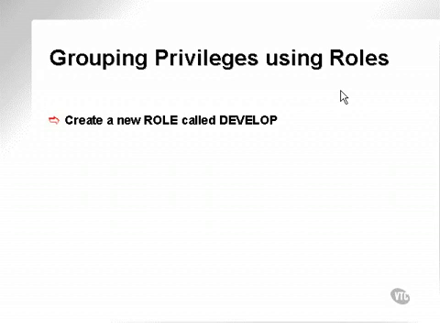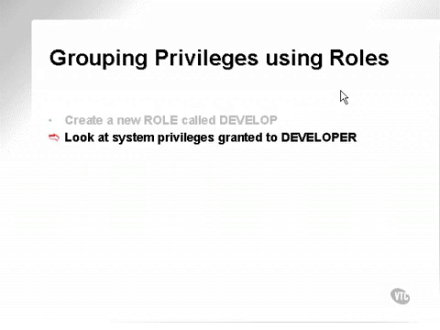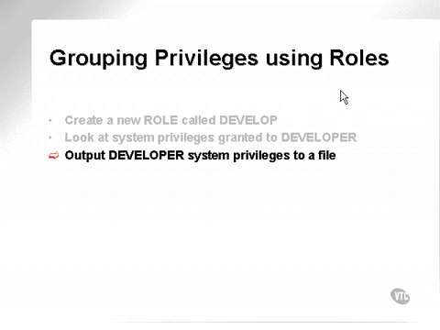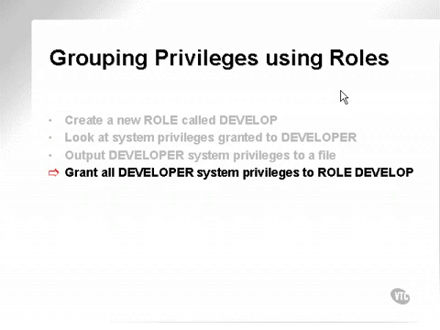We're going to go through a sequence of steps. Let's go through those steps first just to see what we're going to do. First thing we're going to do is create a role called develop, a new role. Then we're going to find all the system privileges that we've already granted to developer and put them into a spool file. Then we're going to take all the system privileges in that spool file and grant them to the role develop.